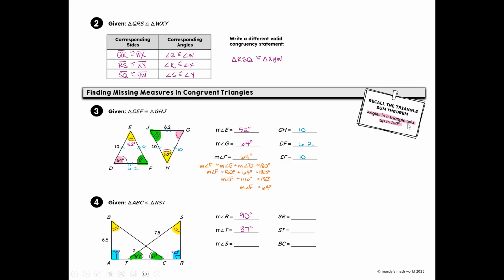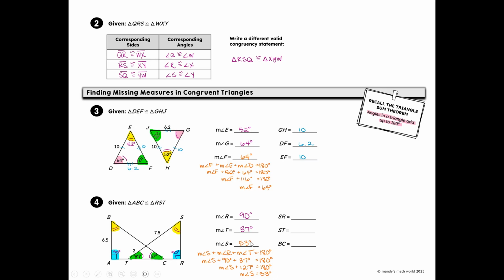So I'm going to have to use the triangle sum theorem. And I know that the measure of angle S plus the measure of angle R plus the measure of angle T, which should be STC right here, equals 180. So I know the measure of angle R is 90 degrees. The measure of angle STC is 37 degrees. Add 90 plus 37 to get 127. I'm going to subtract 127 from both sides to get 53 degrees.